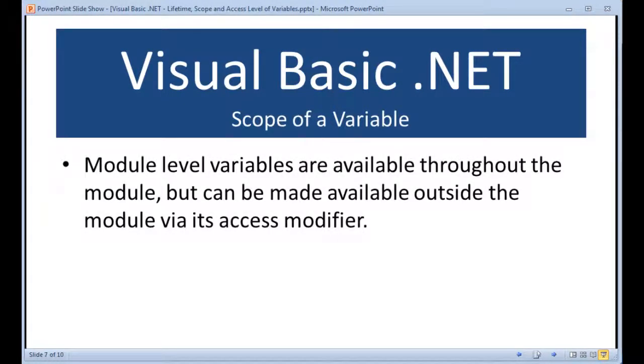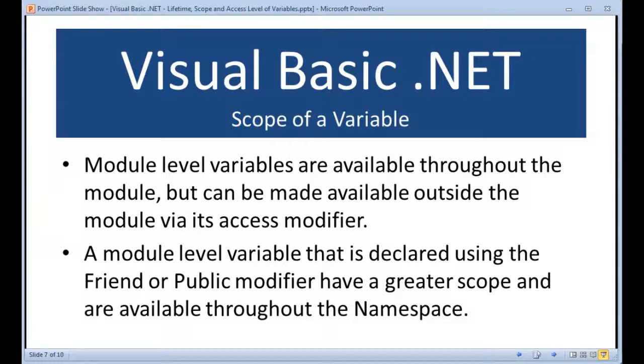Now, module level variables are a little bit different. They're available throughout the module and can be made available outside the module via its access modifier. For example, if we give that variable a public access or a friend access by modifying how we declare that variable, we can make that variable available.